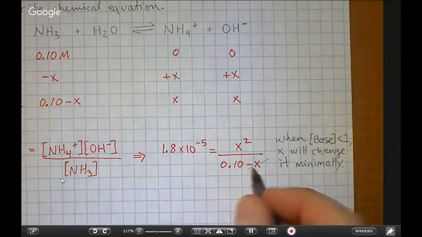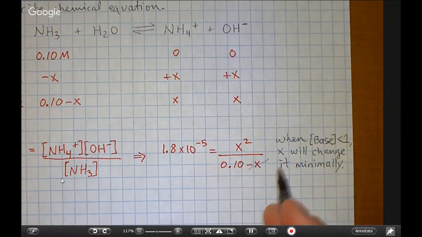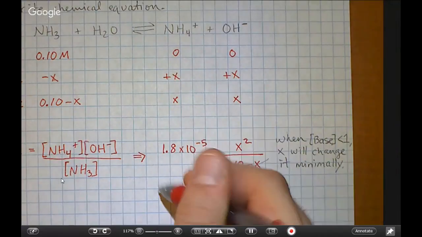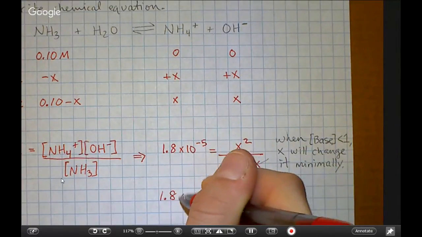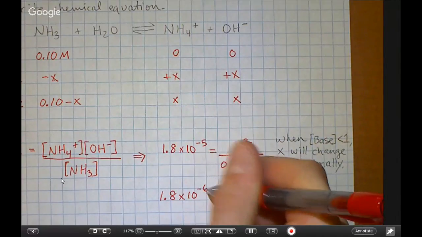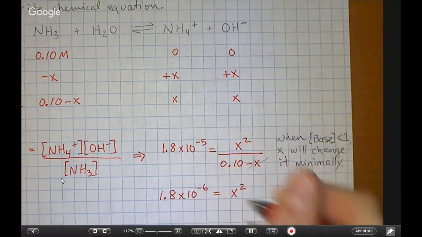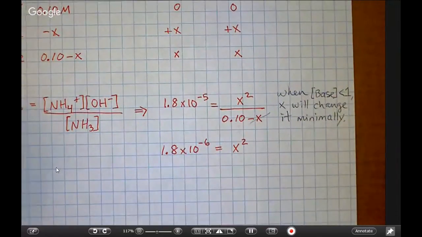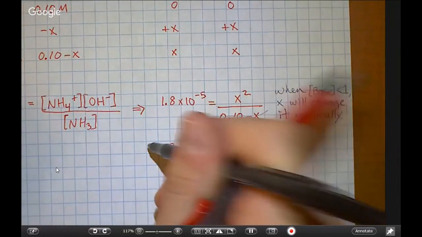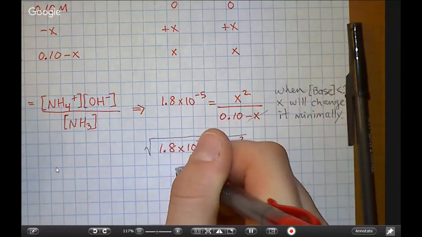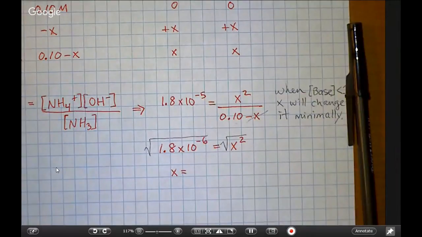So at this point, we want to solve for our variable of X, multiply both sides by 0.1, which would be 1.8 times 10 to the minus 6 equals X squared. What do we do next? Square root of both sides. And what does X come out to?